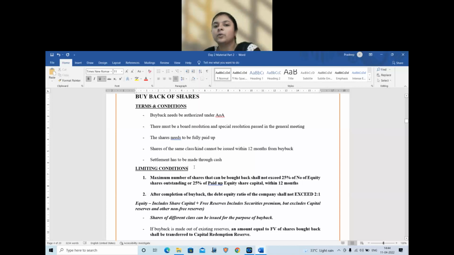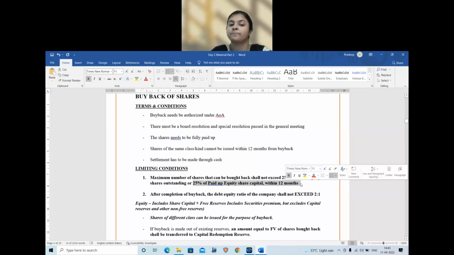Now we are going to continue with the conditions that have to be tested numerically for buyback. 3 conditions. First, the maximum number of shares bought back cannot exceed 25% of the equity share capital, which is number of shares. Second, the maximum shares bought back cannot exceed 25% of the paid up capital plus free reserves.